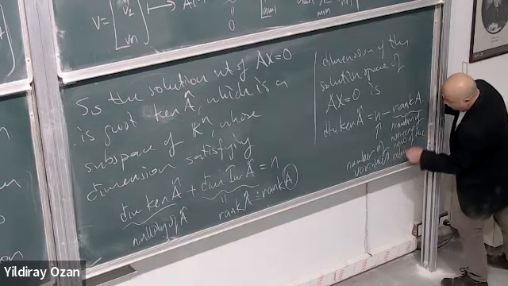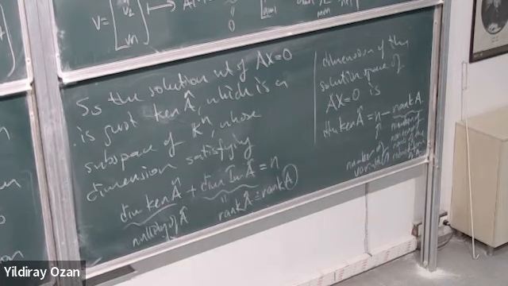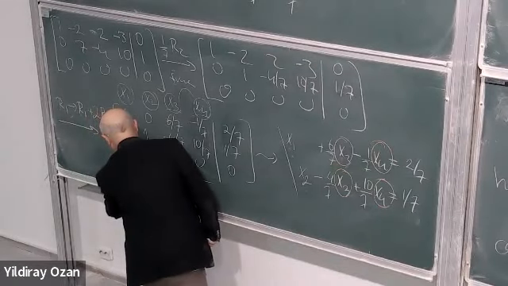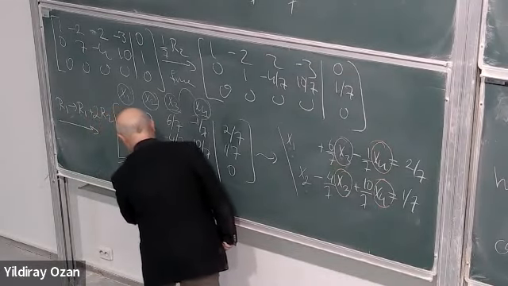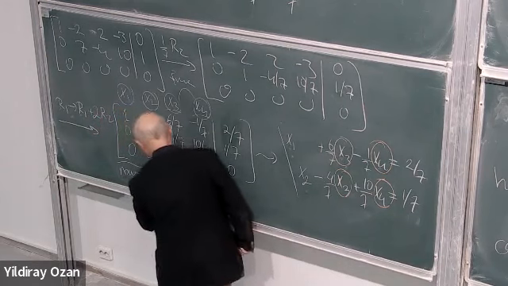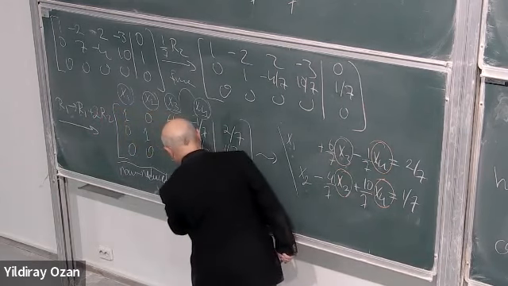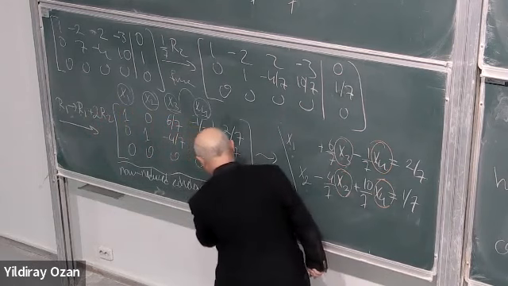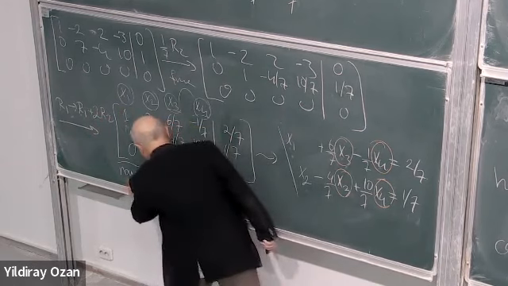Okay. Reduced form, or more generally, this is called row reduced echelon form of A.